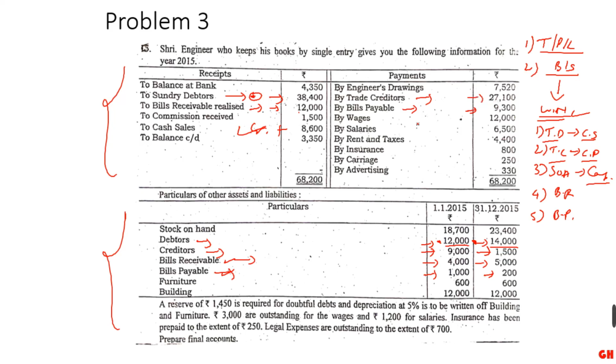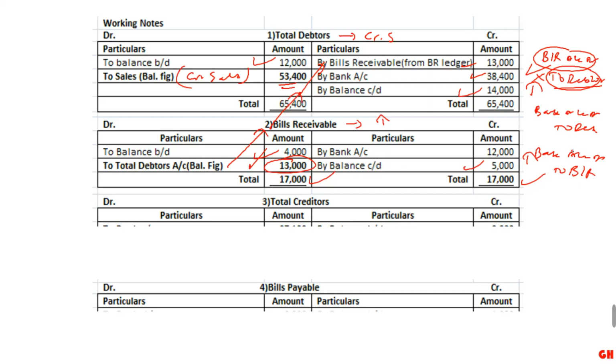There are no cash purchases. So since there are no cash purchases, we will assume whatever answer we get for total creditors, that will be credit purchases, that will be fully purchases. So let us start with the working notes of total creditors and bills payable.